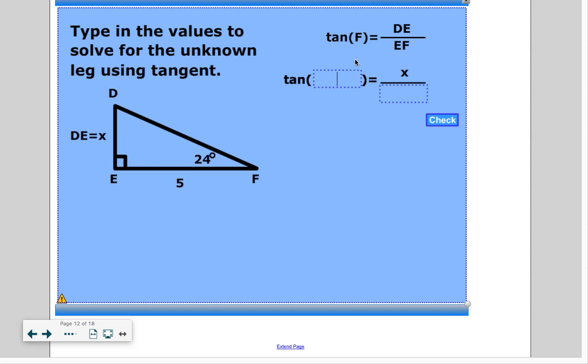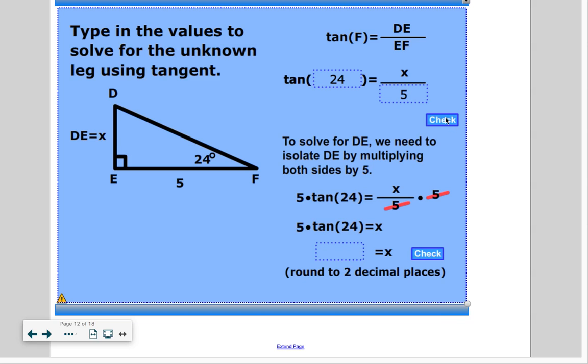If I want to find the tangent of F, F is 24 degrees, so I would type in 24 degrees. Then I would check this one, DE, which is the variable we'd be solving for. The tangent is opposite over adjacent, and the adjacent would be 5, so I'm going to type 5 in there.